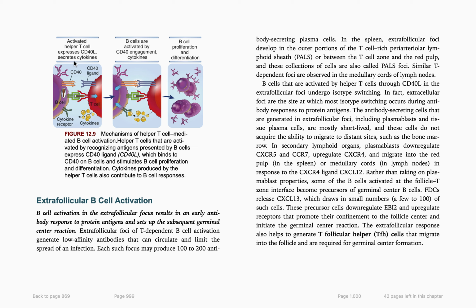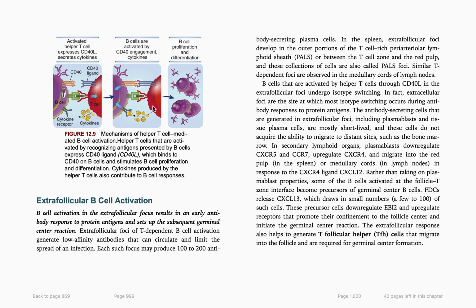So we have activated helper T cells expressing CD40 ligand and secreting cytokines. Here is a B cell. They can meet with the T cell with the CD40 ligand. This leads to B cells being activated by CD40 engagement and cytokines. Then B cells proliferate and differentiate.